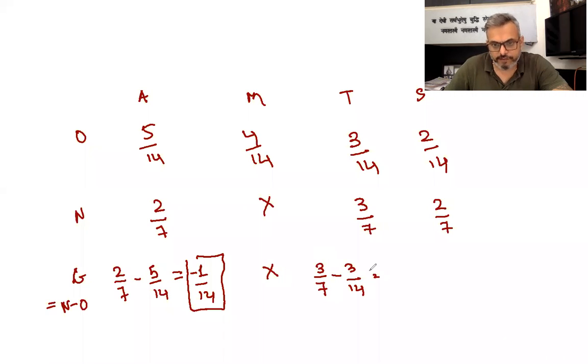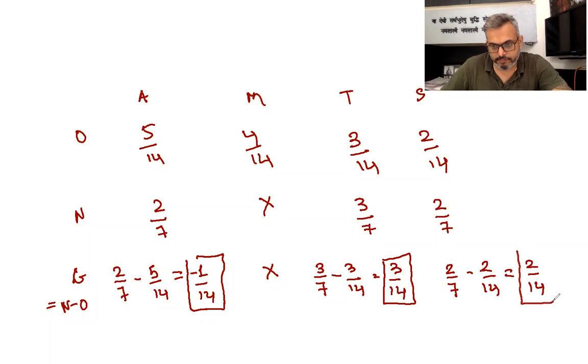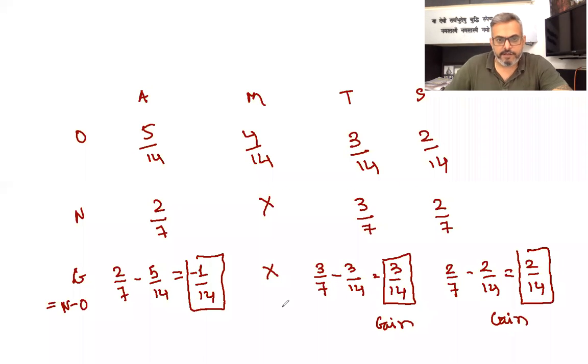So 3 twos are 6, so 3 by 14. And then for S, 2 by 7 minus 2 by 14. 2 twos are 4 minus 2, 2 by 14. So now what we get over here is a gain ratio for T and a gain for S, but A is sacrificing.